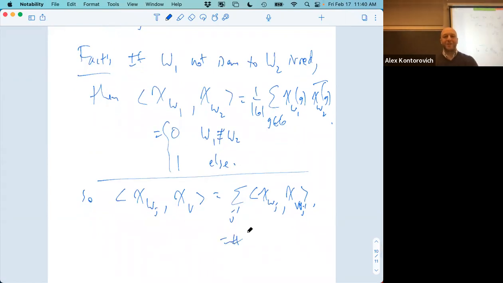So this is the number of times WJ, or something isomorphic to WJ, occurs in V.